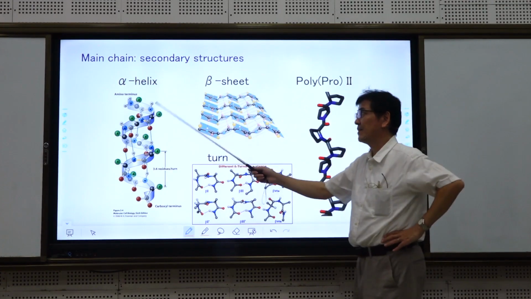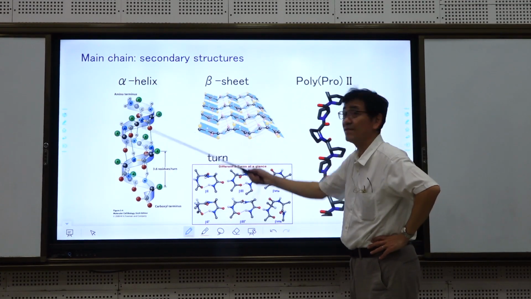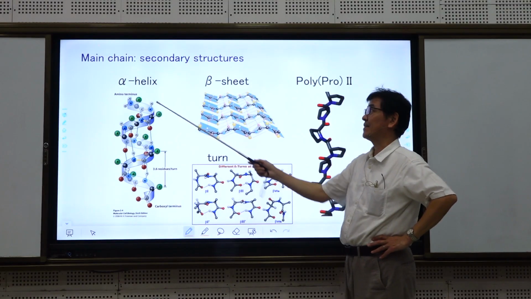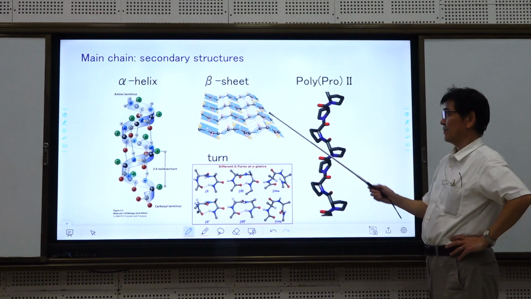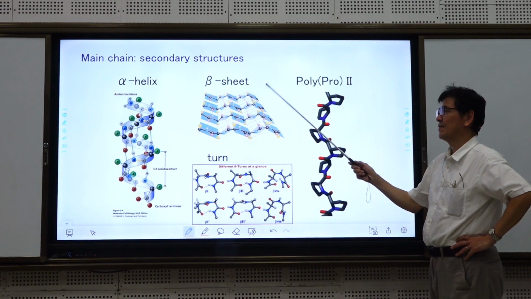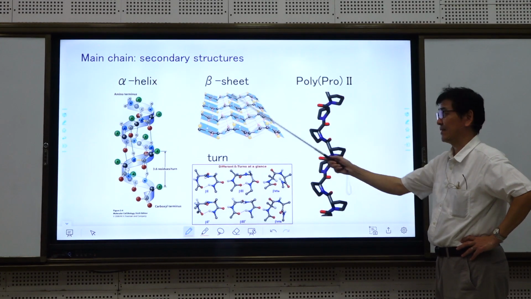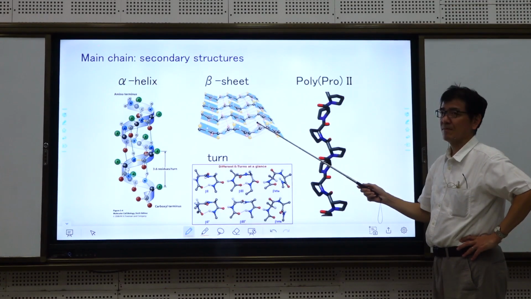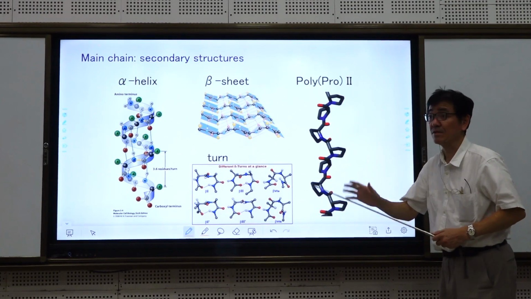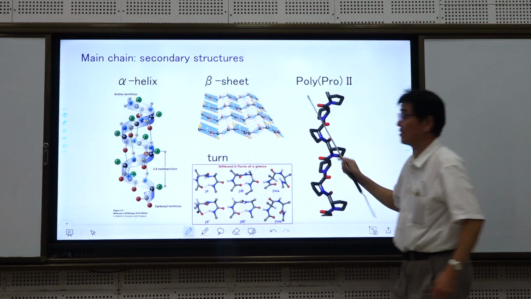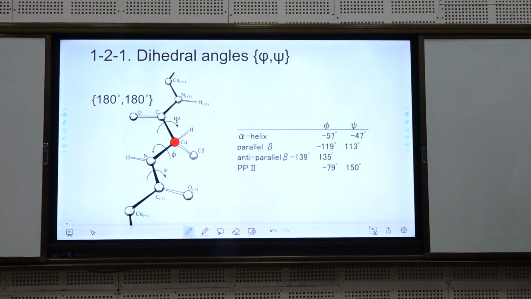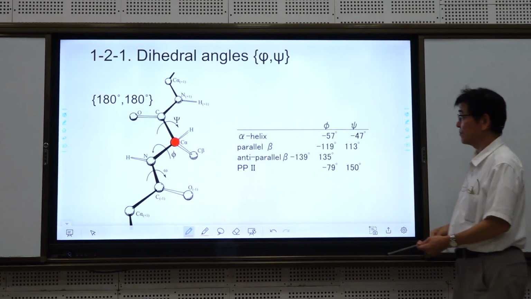And it's very clear when we see the figures of this helical structure and sheet structure. But this is our understanding, and it should be described in terms of numbers. To describe these conformations, we can use the dihedral angle.